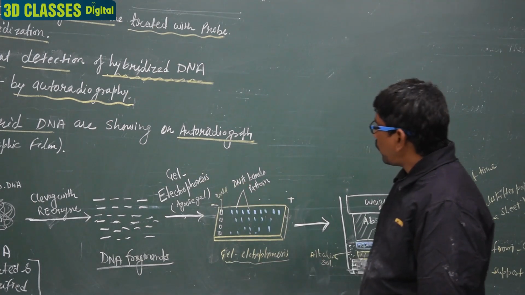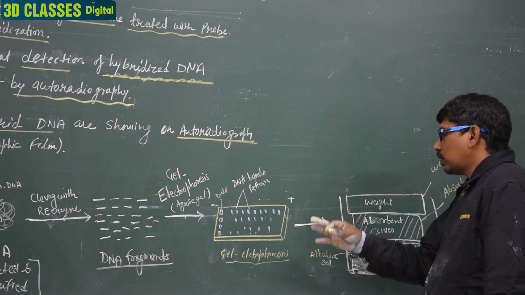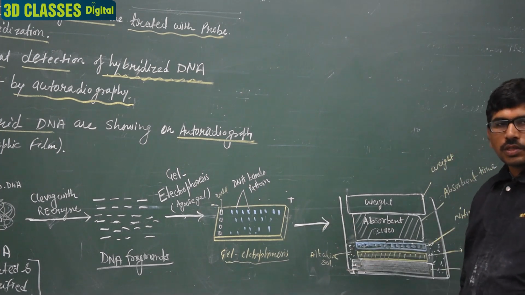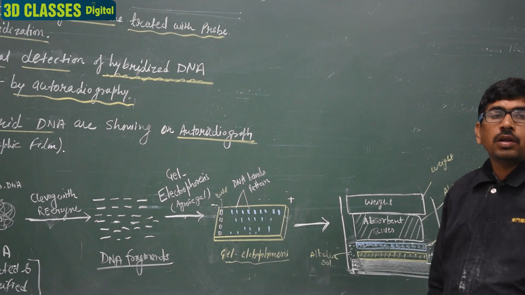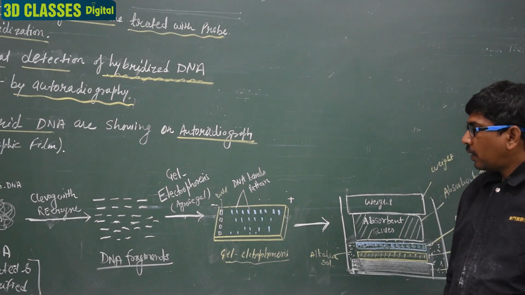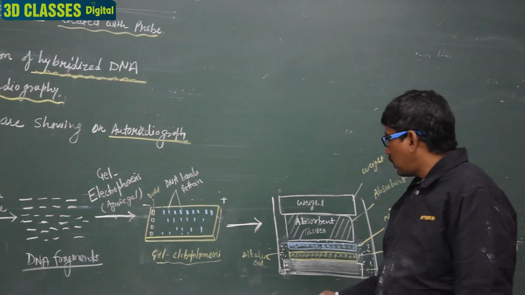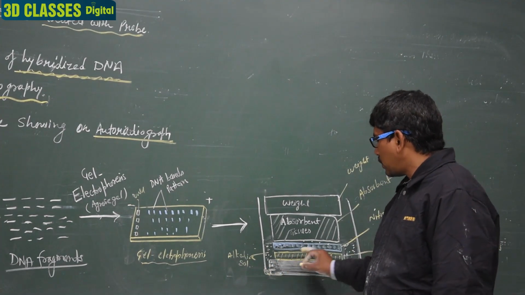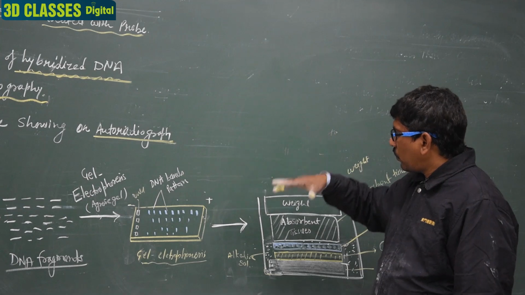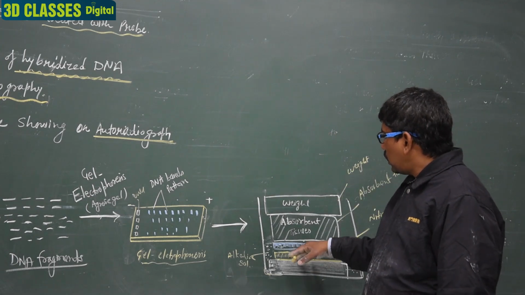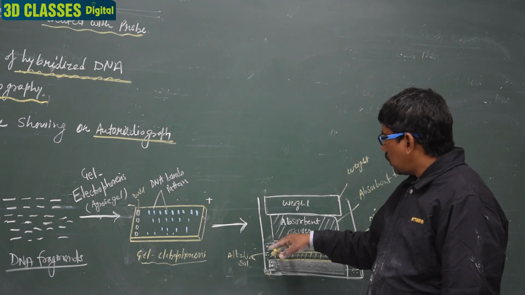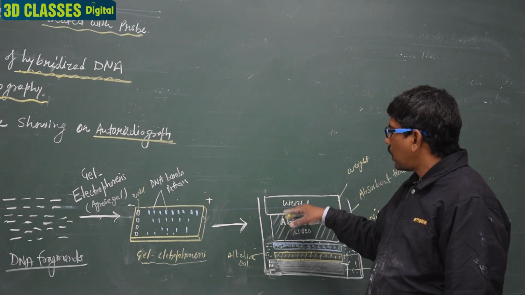Clear? After that, when the gel has completely undergone electrophoresis and we obtain the band pattern on the gel, then we place the gel in this type of instrument, and on the lower side a glass plate is present, because we are giving the weight. Then gel, then nitrocellulose membrane, then absorbent, and then weight.